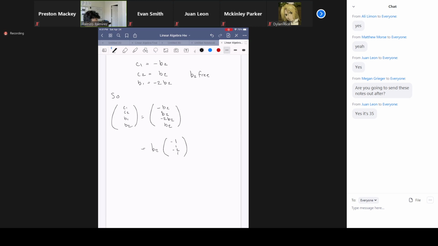So x has to be equal to minus 2, 2, and minus 1. After this, you just have to plug the stuff back in. So pick B2 equal 1. Plug in your stuff. That should give you something that's in there. So you can just pick something for B1, and then this would be the matrix.